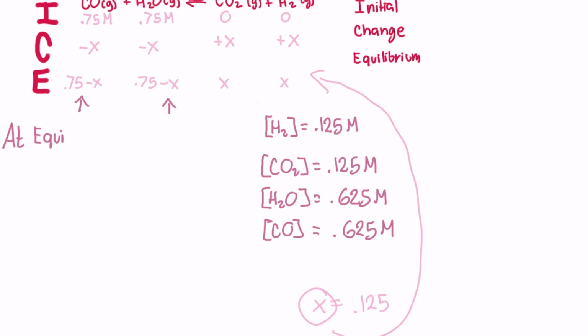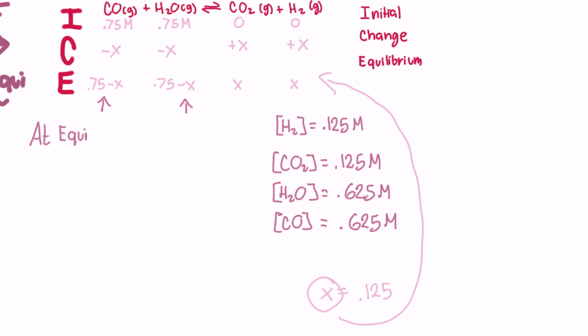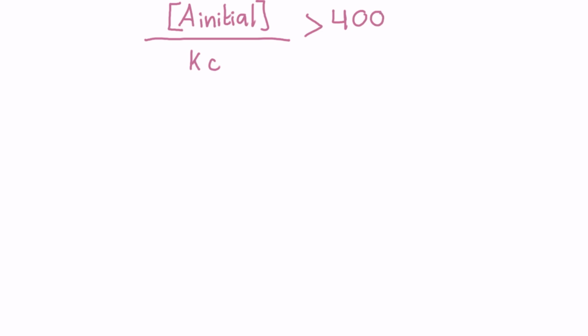Something I want to quickly explain is the exception. You know how I said that normally we will be needing a quadratic formula to solve for x? Well, there's a small way around it, and it's a little bit like this. If the initial concentration over Kc is greater than 400, we are able to ignore the change, or the x, in the ice table.